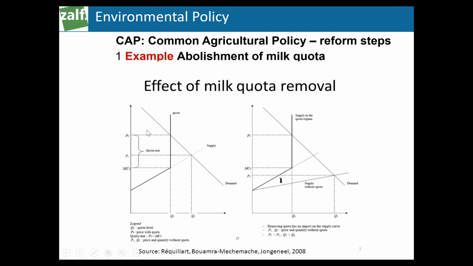Then you say, okay, now I leave this quota, then it would be this supply. It would be a lower price. It would be an increase in production to the left. The consumer may consume more milk. This depends on the elasticity of milk, of course.